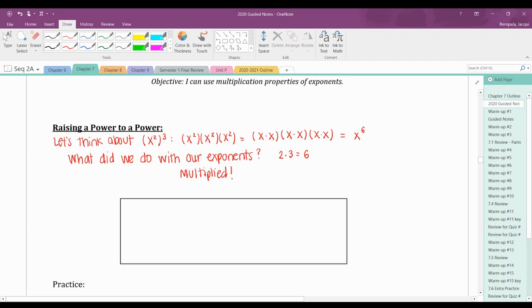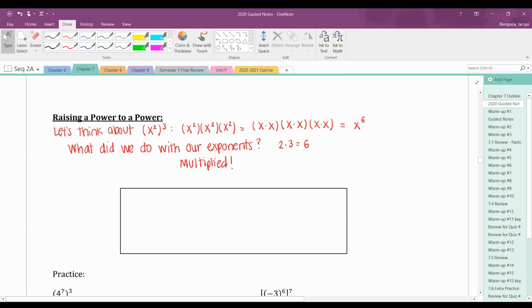All right, so understanding that brings us to this definition. To find a power of a power, we are going to keep the base and we are going to multiply the exponents.